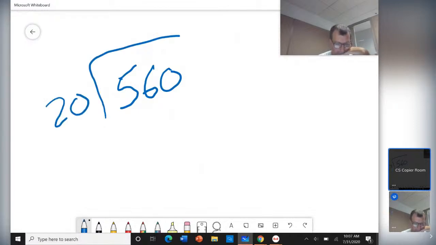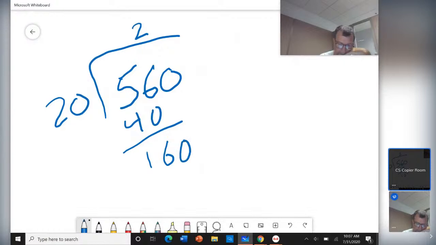And they come in packs of 20. Okay, so 20 goes into 56 2 times, and that's 40. And 5 minus 4 is 1, bring down the 6. And then 20 goes into 160 8 times. So that's 160. Okay, there's 28 packs.